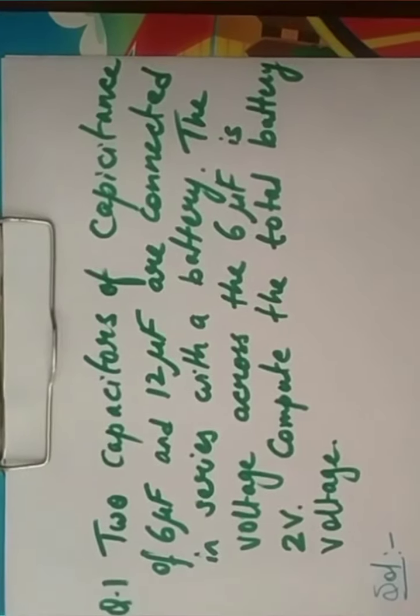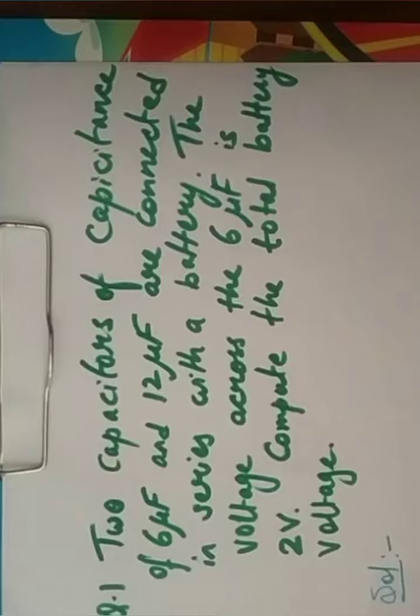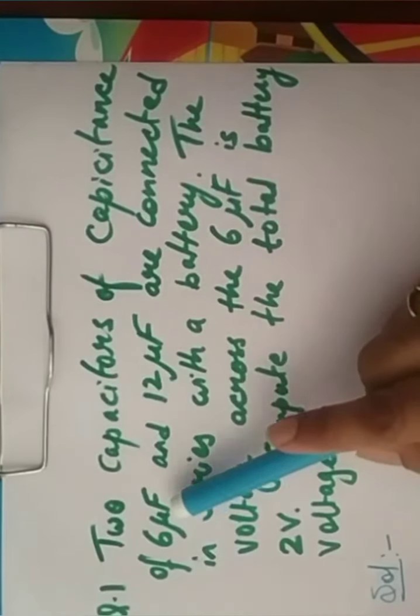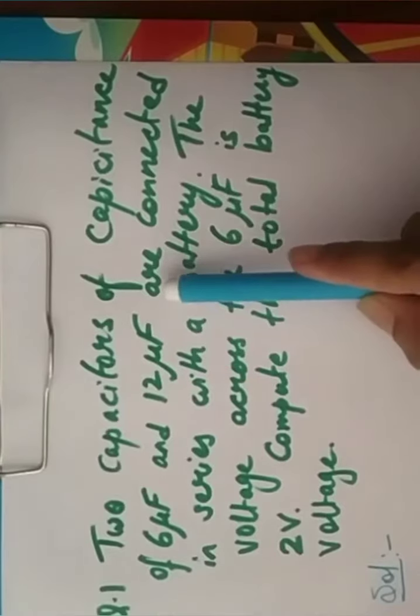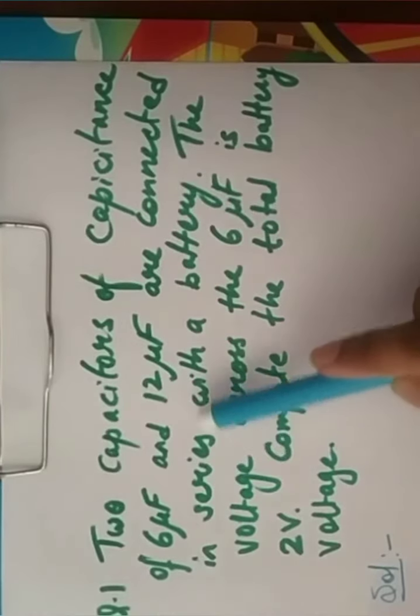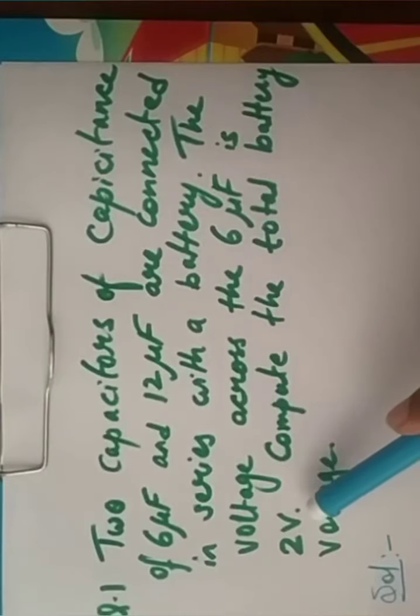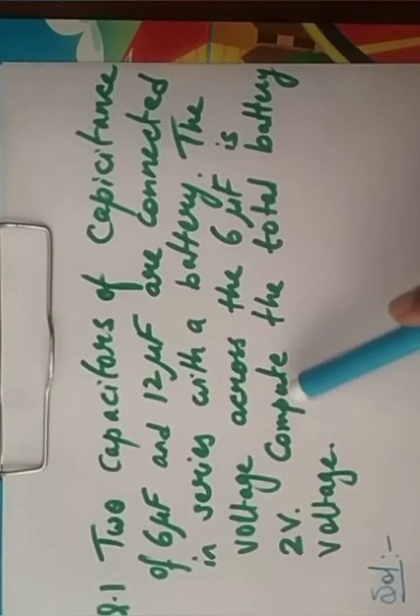You can see the numerical: two capacitors of capacitance 6 microfarad and 12 microfarad are connected in series with a battery, and the voltage across the 6 microfarad capacitor is 2 volt. You have to compute the total battery voltage.